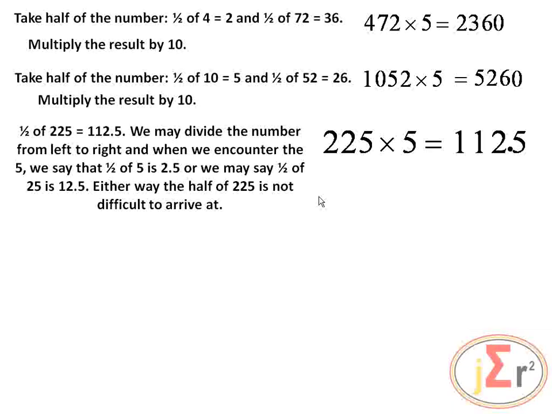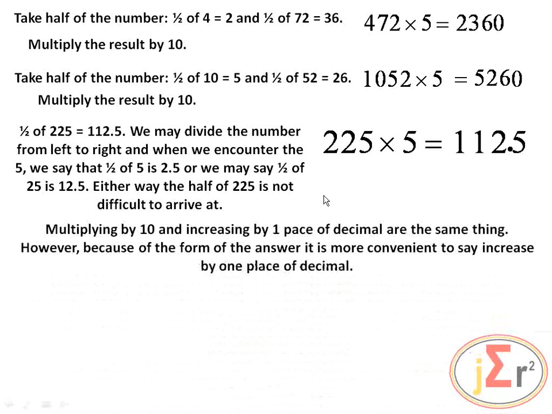There we have it. And what do we do? Multiplying by 10 and increasing by 1 place of decimal are the same thing. However, because of the form of the answer, it is more convenient to say increase by 1 place of decimal. So that is your answer.